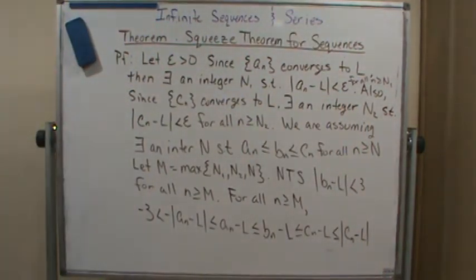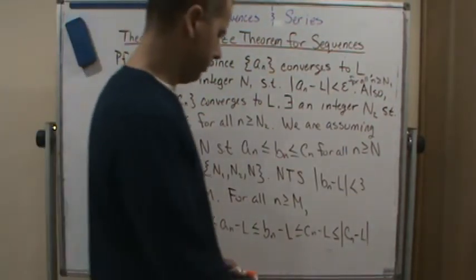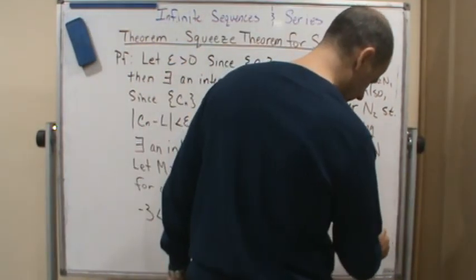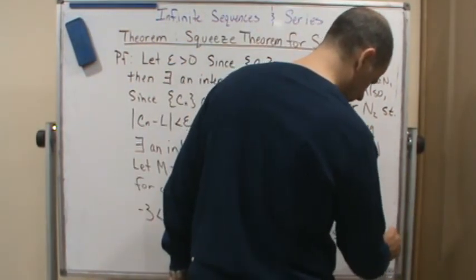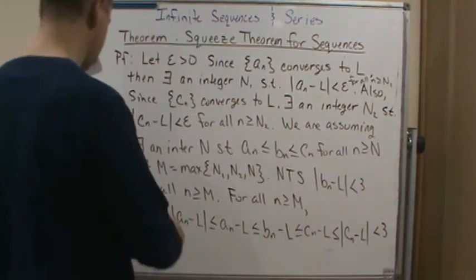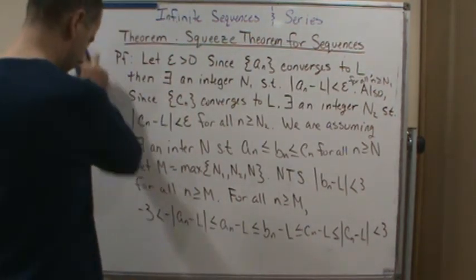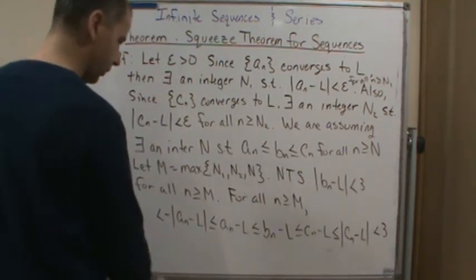Okay, so we've got this chain of inequalities, which we know is less than, oops, getting my epsilons backwards.